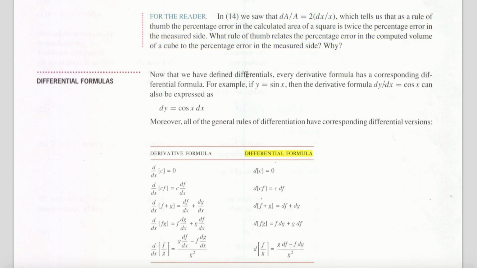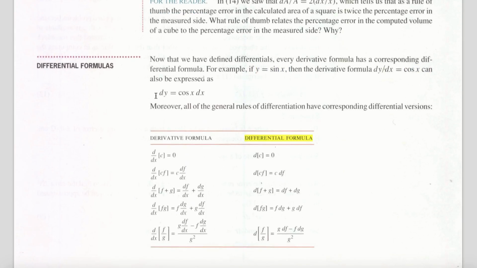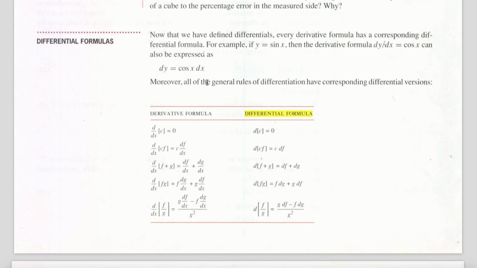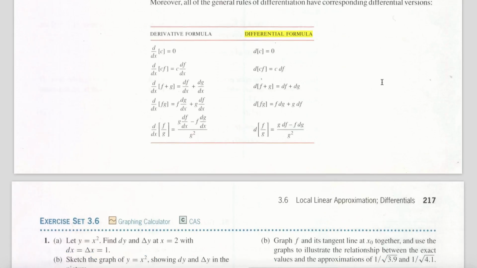Now that we have defined differentials, every derivative formula has a corresponding differential formula. For example, if y is equal to the sine of x, then the derivative, dy/dx equals cosine x, can be written as a differential formula: dy equals cosine x dx. Moreover, all of the general rules of differentiation have corresponding differential versions.